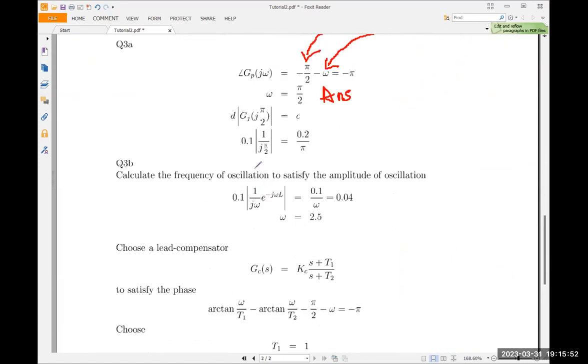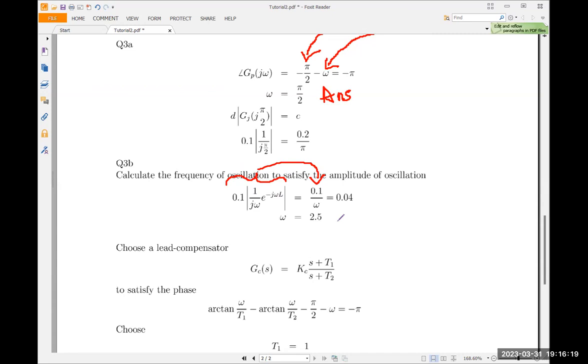The new gain: input is 0.1, I'm now going to find a new omega that gives 0.04. All right. So this thing will give you this.